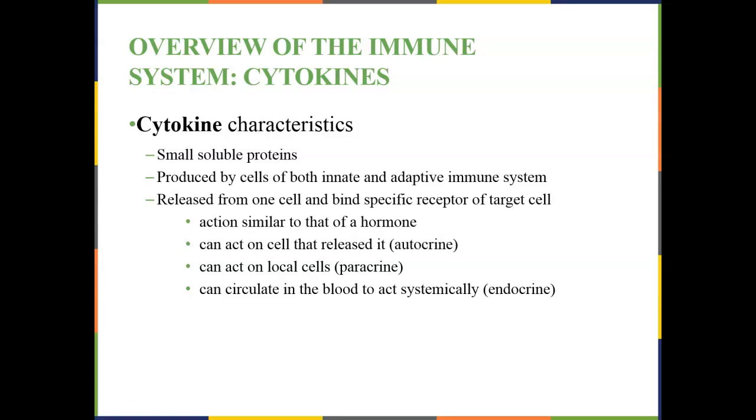And so these chemicals are called cytokines. They are similar in acting like a hormone, so they can act on the cell that releases it. That's called an autocrine cytokine, or a local area, so right around them, that would be a paracrine cytokine. And then they can also move through and activate cells that are far away, and that would be more of an endocrine activating cytokine.